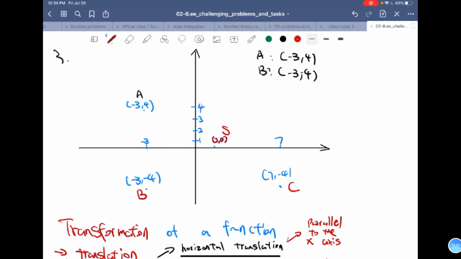So 2 is the midpoint of -3 and 7. And then for the y, it's 4 and -4. Between that, there are 8 numbers. 8 divided by 2 is 4. So -4 plus 4 or 4 minus 4 equals 0. So that's why it's the midpoint.